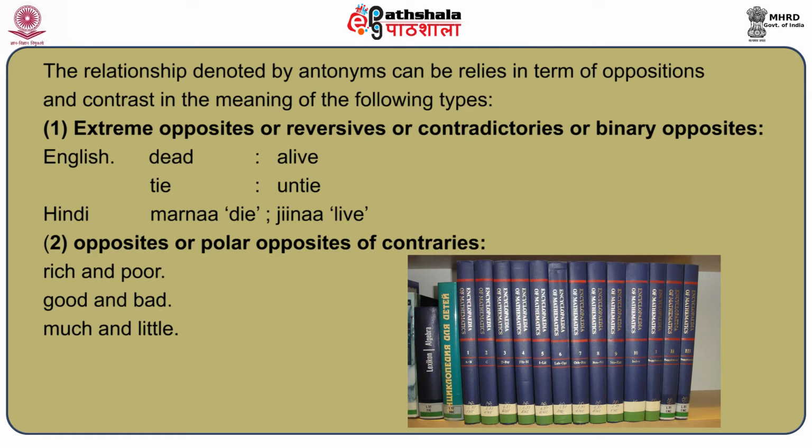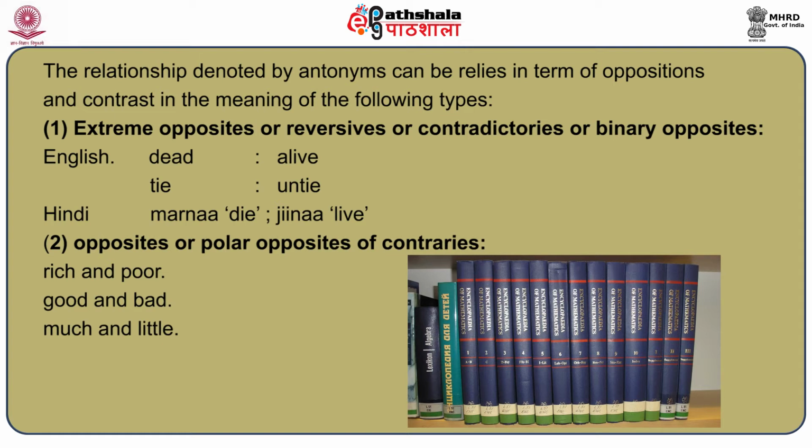These words show binary taxonomy or absoluteness of boundary, as far as Lyons is concerned, and do not allow anything between them. In other words, they are not graded. Dead means not alive. There cannot be degrees of deadness or aliveness.